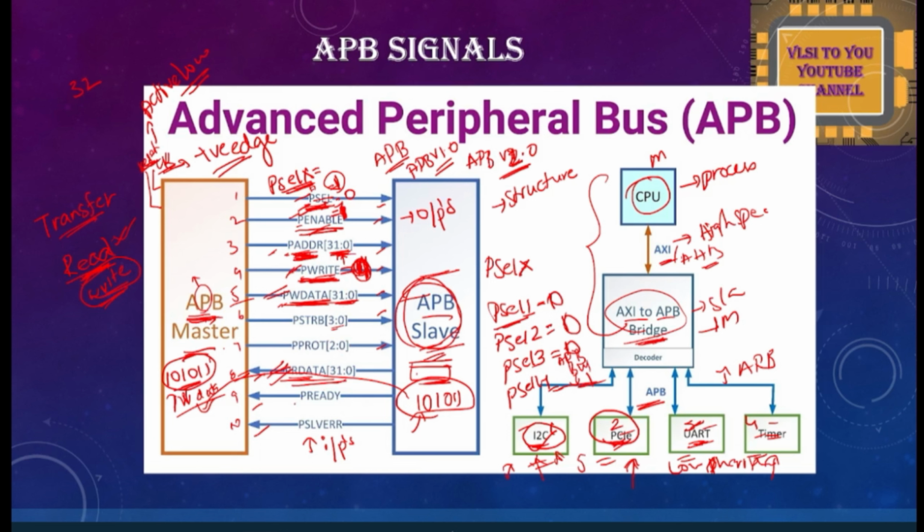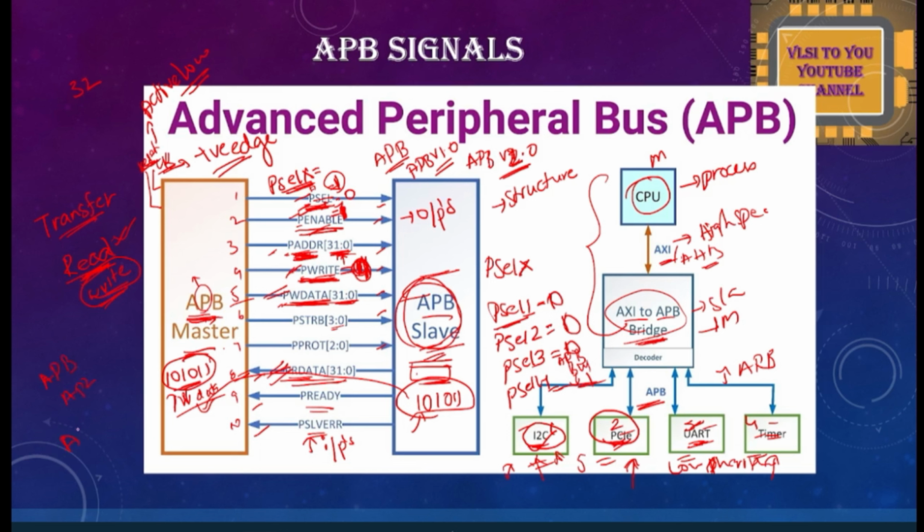Let us now see these two signals, PREADY and PSLVERR. Until now, the signals we have discussed are clock, reset, PSEL, PENABLE, PADDR, PWDATA and PRDATA. These are the common signals which are there in APB as well as APB2.